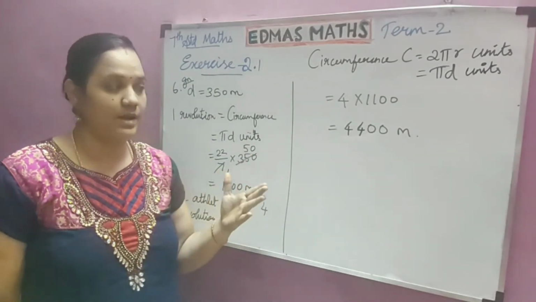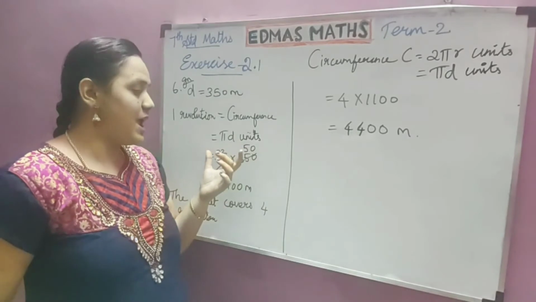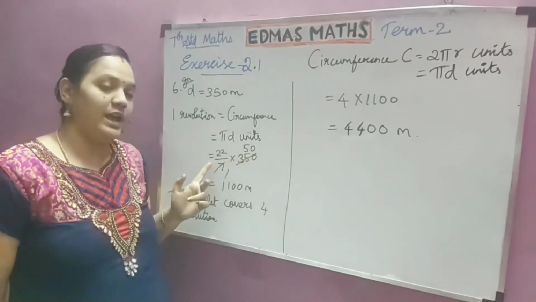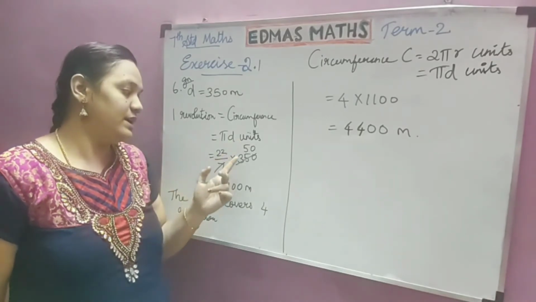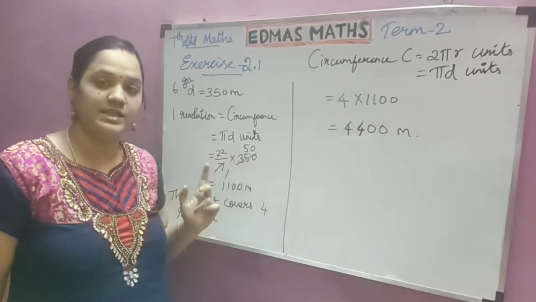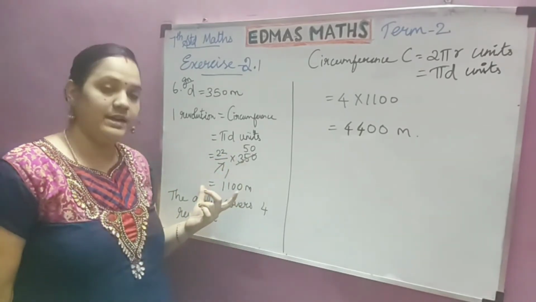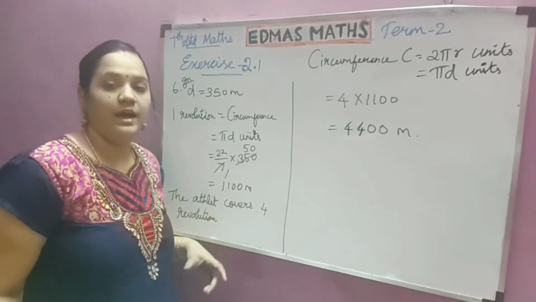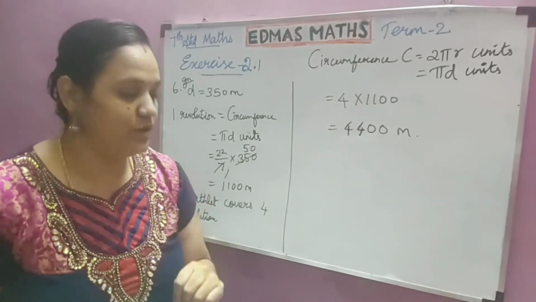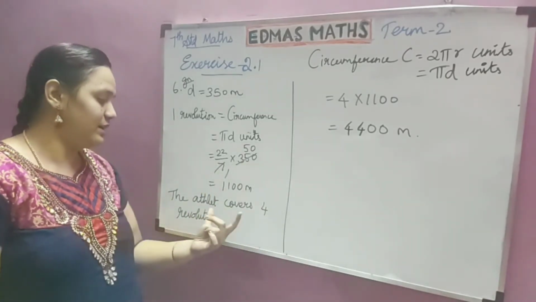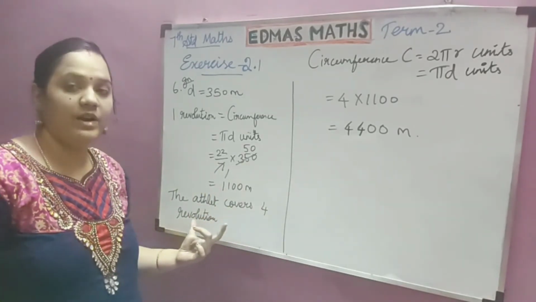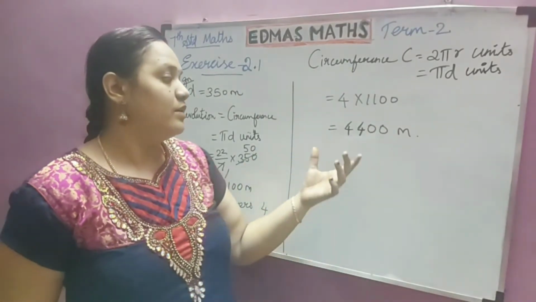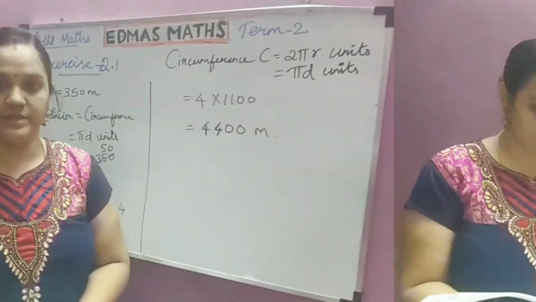Already in my previous sum I told you. So same method we are using here. So pi d units. Instead of pi I have written 22 by 7 and d is 350. I have cancelled using 7 table and I got the answer as 1100 meter. That is 1 revolution. But the athlete runs 4 revolutions. So we have to find out the distance covered by the athlete for 4 revolutions. That is 4 into 1100, 4400 meter.